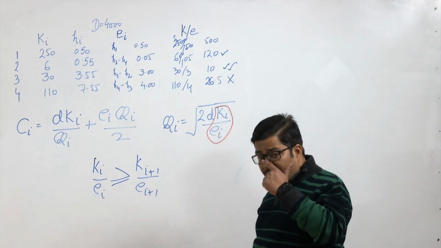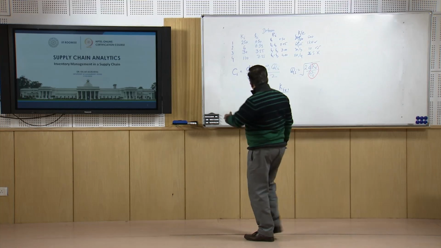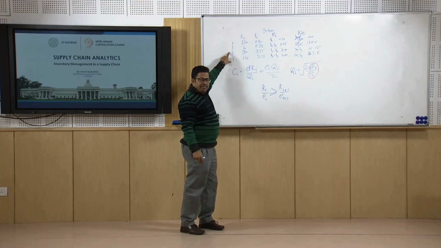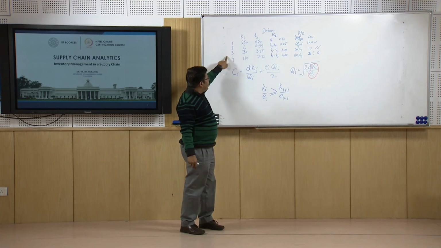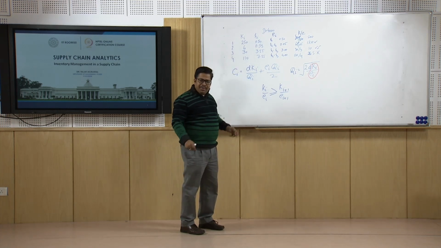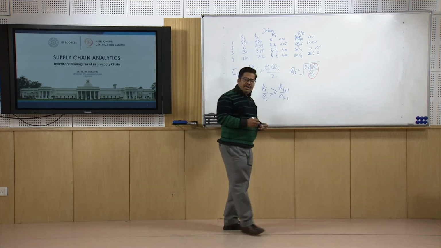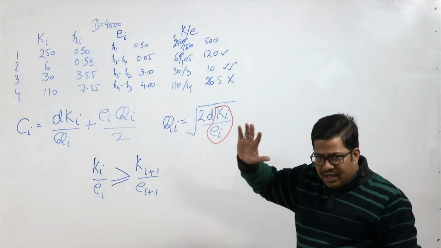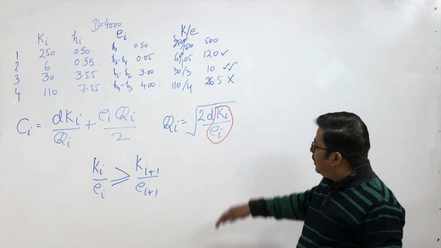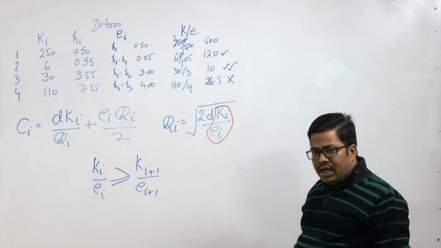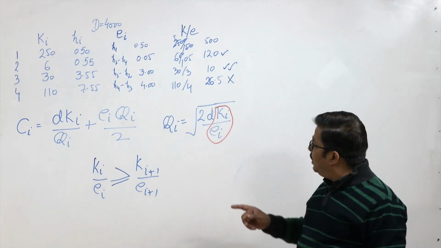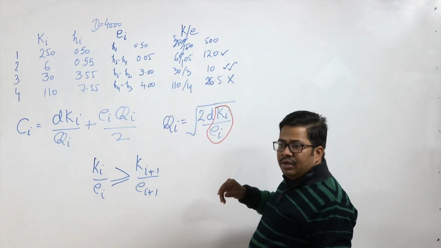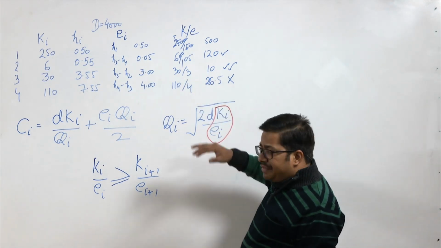Now to sort out this problem, we will merge stations 3 and 4. We will merge these two installations 3 and 4. The meaning of merging is that you will have the same values of Q3 and Q4 finally, but for the sake of solving this problem, we will merge stages 3 and 4, and we will recalculate the values of k upon E after merging these.